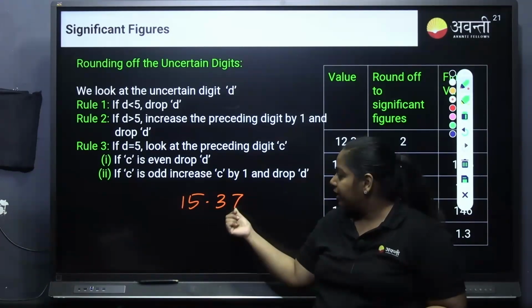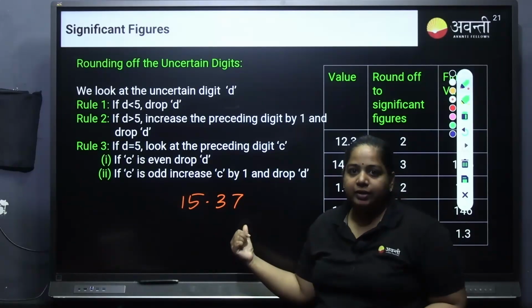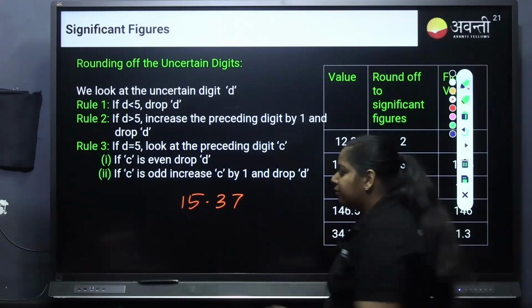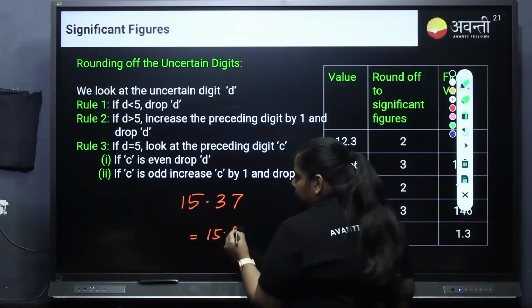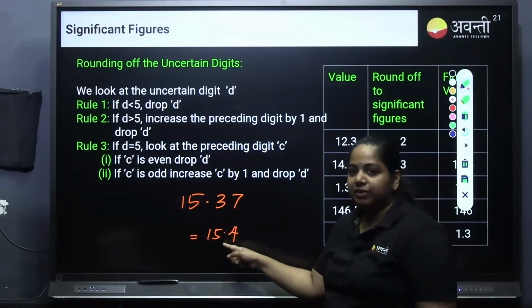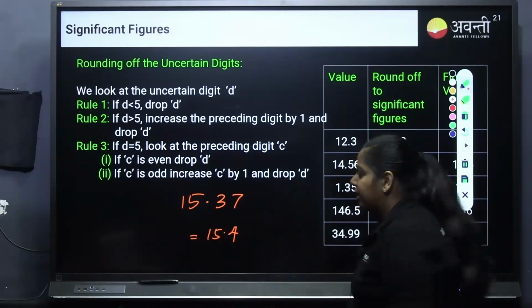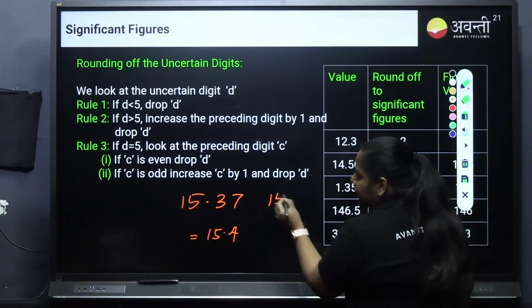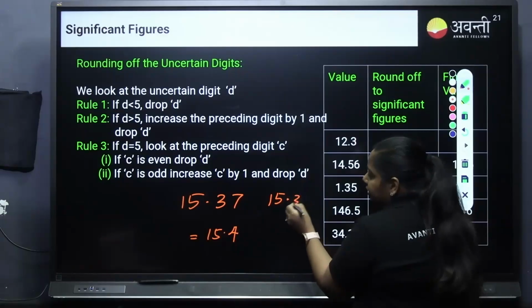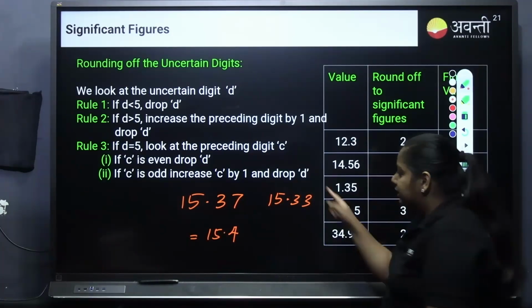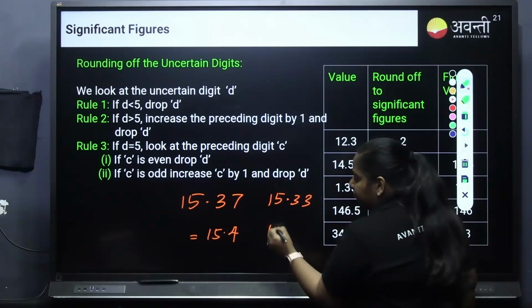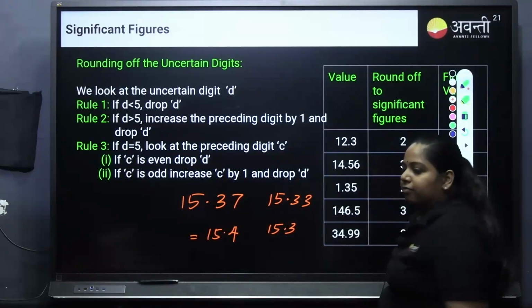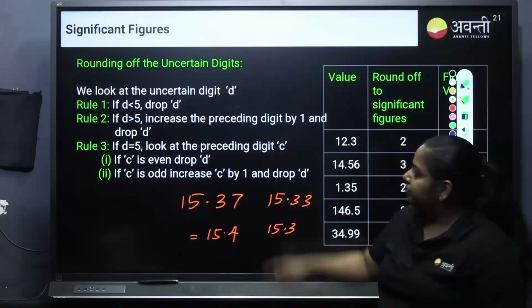Then this 7 we have to drop, right? 7 is more than 5, so we can write it as 15.4. We add plus 1 here and leave the 7. Now if the number was 15.33, this value is less than 5. So if we drop it, it will become 15.3 only. We will not add plus 1 there.